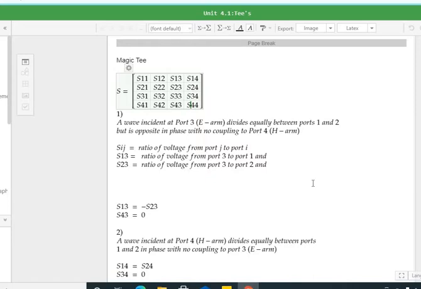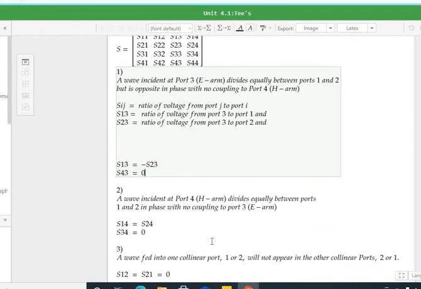The first property: any incident wave from port 3 gets divided equally between port 1 and port 2, but it is out of phase. So S13 is equal in magnitude to S23, but out of phase, hence S13 is equal to minus S23. Also, any input from port 3 does not get coupled with port 4, so S43 is equal to 0.